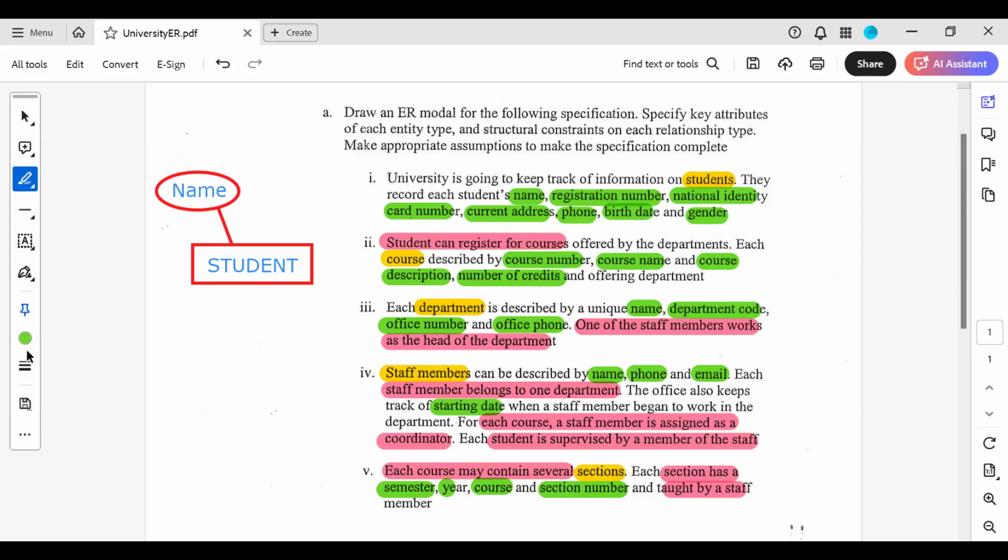So let me put it in a graph. We have staff, and then we have the department.